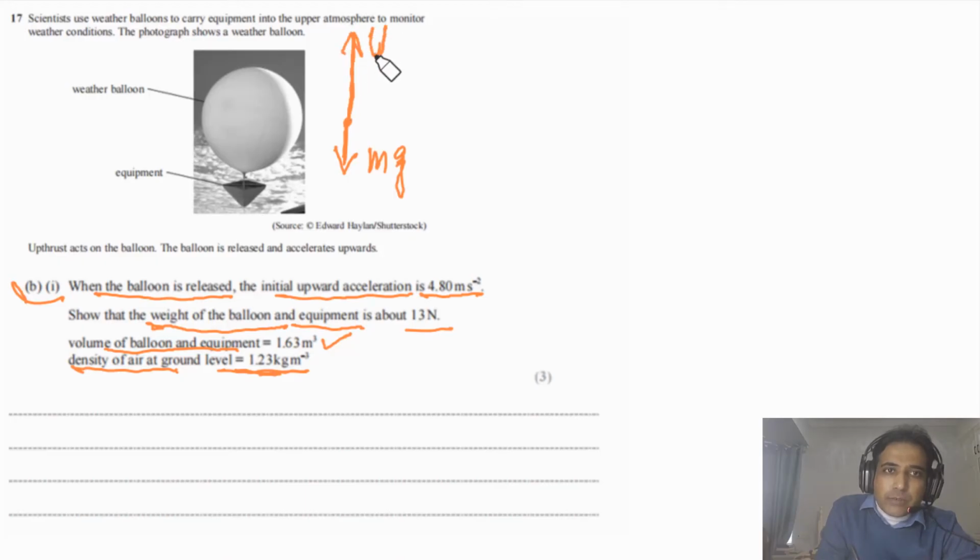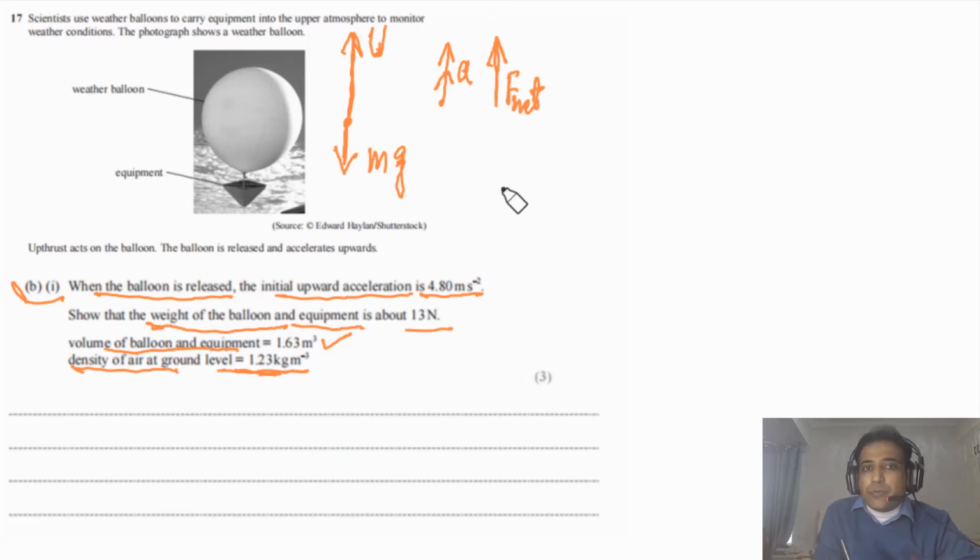We can use letter U for this one. It is accelerating upward, so this is the direction of acceleration, and the direction of net force is always in the direction of acceleration, meaning acceleration and resultant force are always in the same direction.